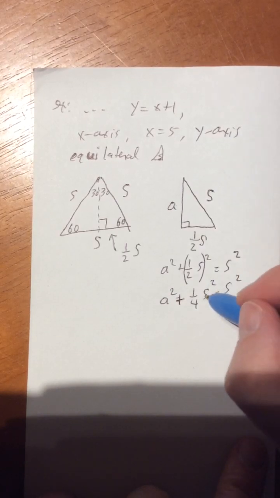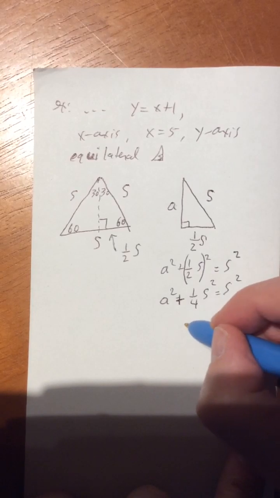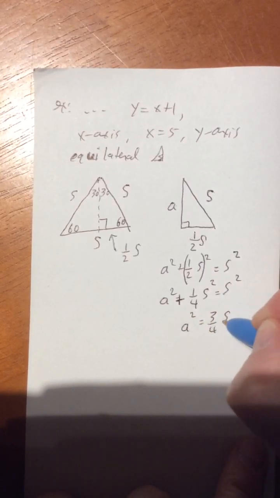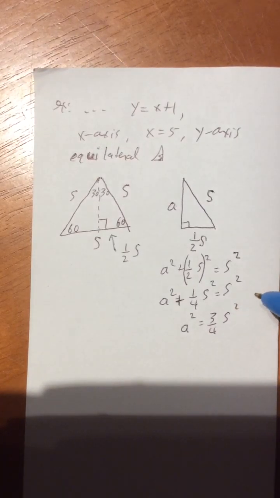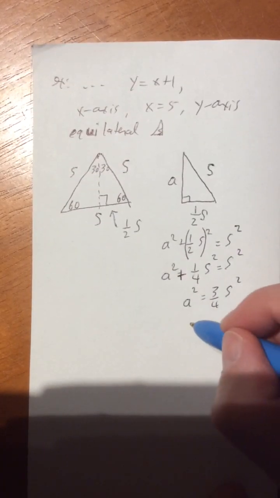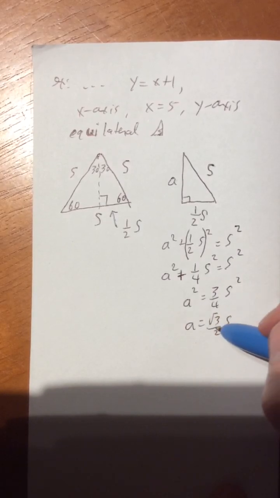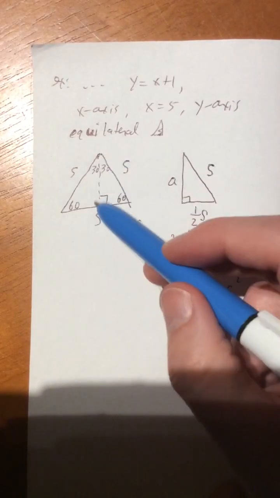S squared minus 1/4 S squared is 3/4 of an S squared. And then we can take the square root of both sides, and we get A equals √3/2 S. So that is the altitude of this triangle right here.